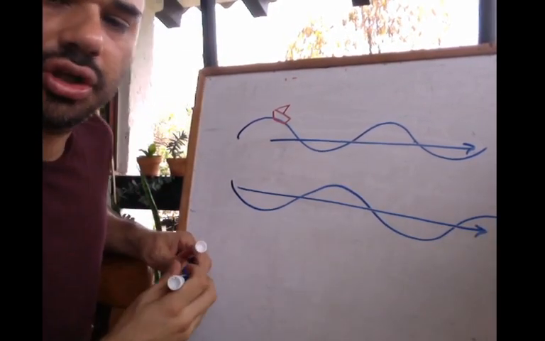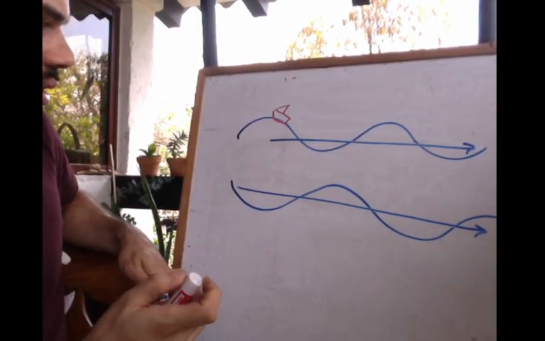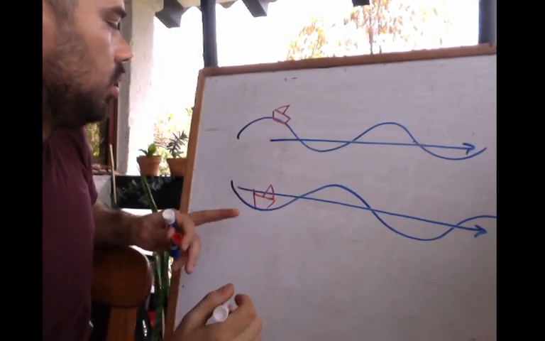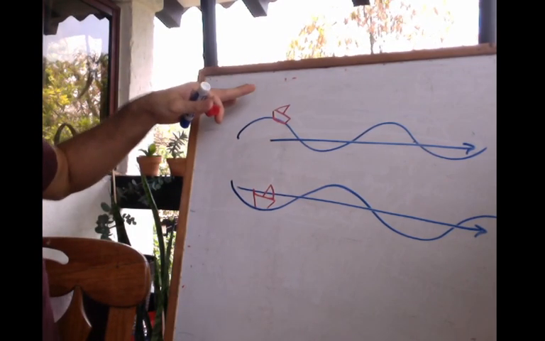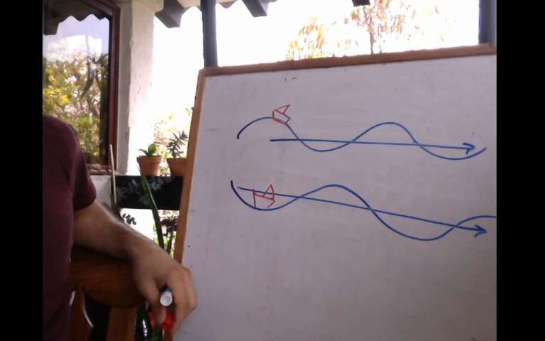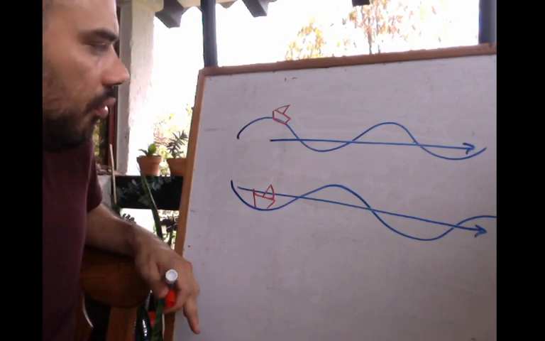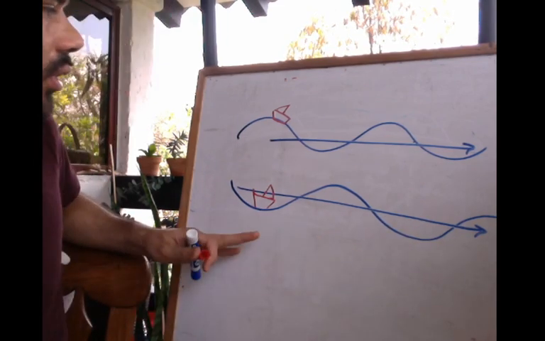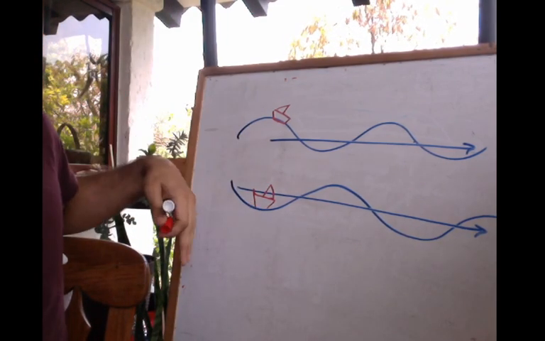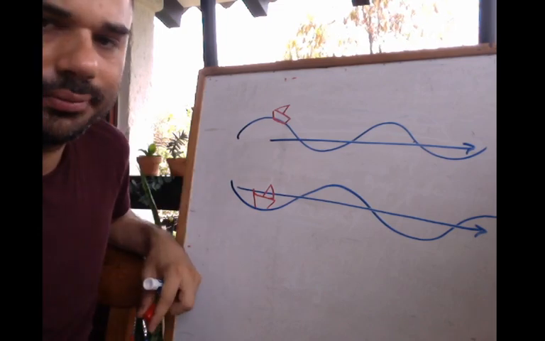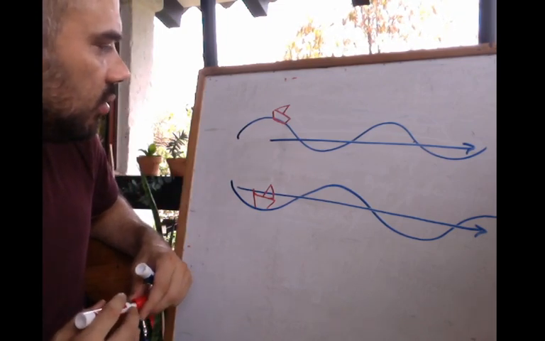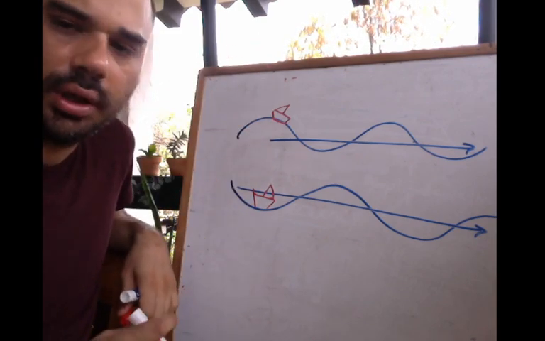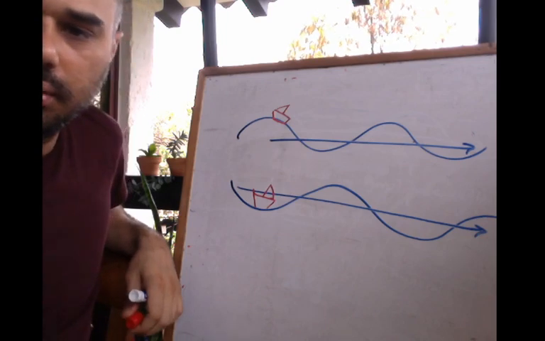Even though the direction of the wave is in a certain direction, your boat is only going to be moving up and down. That is a particularity of waves that even though they have a direction of how they're going to move, the matter on the wave doesn't move. Interesting, right? So this boat is only going to be going up and down, and not moving in the same direction of a wave.